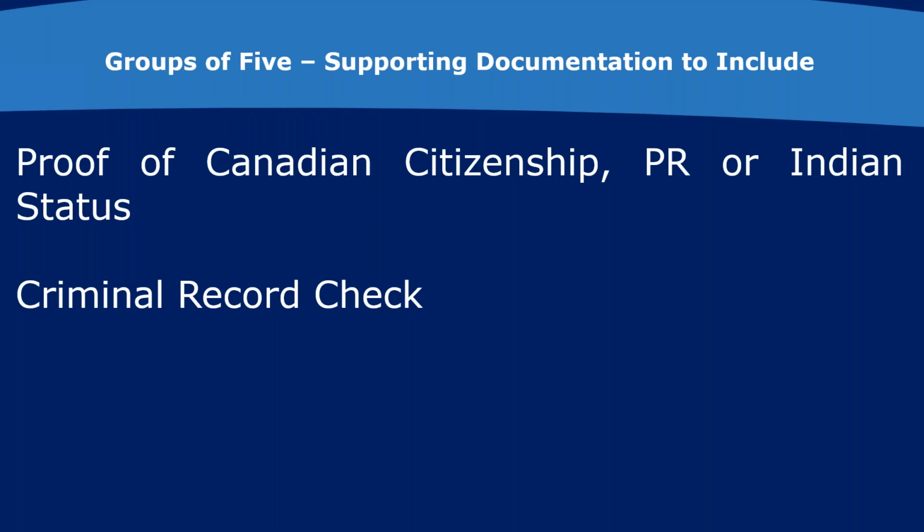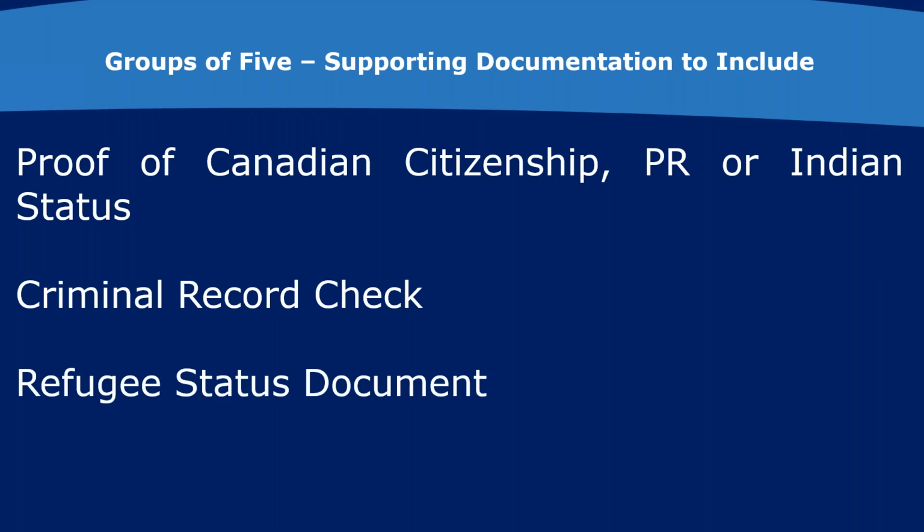If applicable, if a sponsor or a member from the sponsoring group does have a criminal conviction, they must include court documents showing the disposition of any previous convictions, as well as details regarding their sentence.